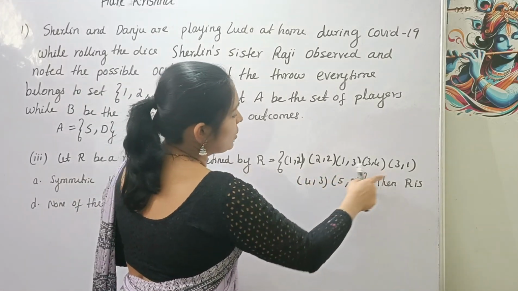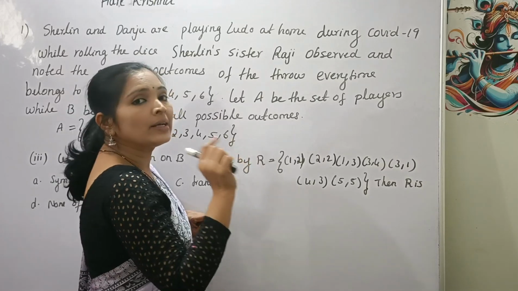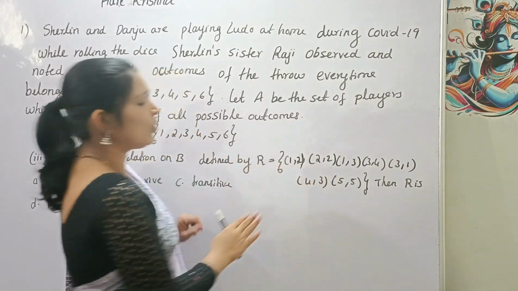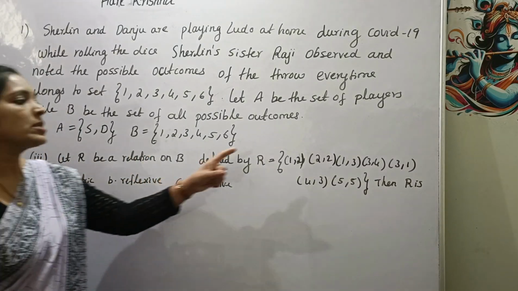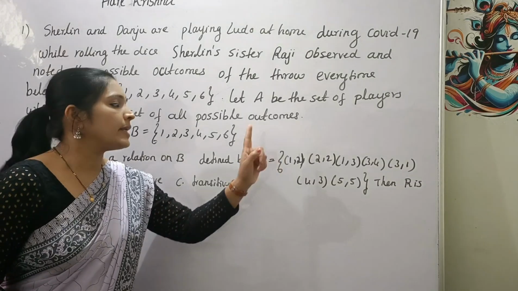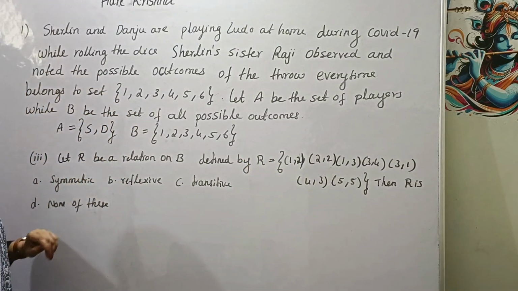So (2,1) does not belong to R, right? Therefore, this R is not symmetric, because (1,2) belongs to R, but (2,1) does not belong to R.